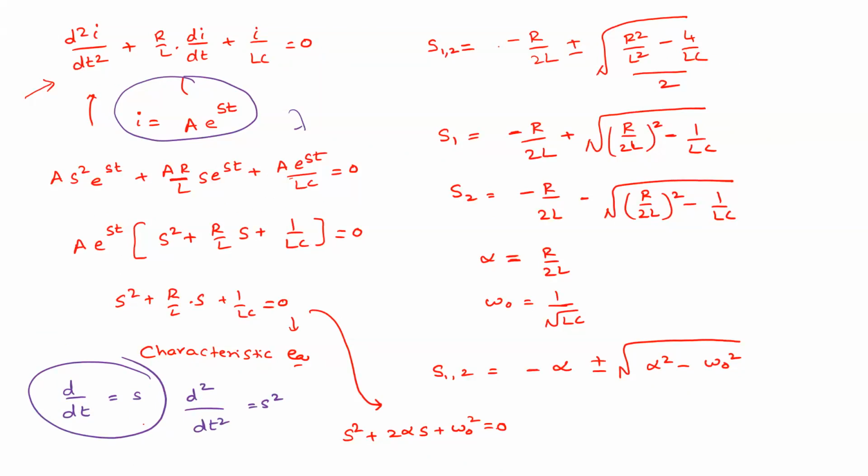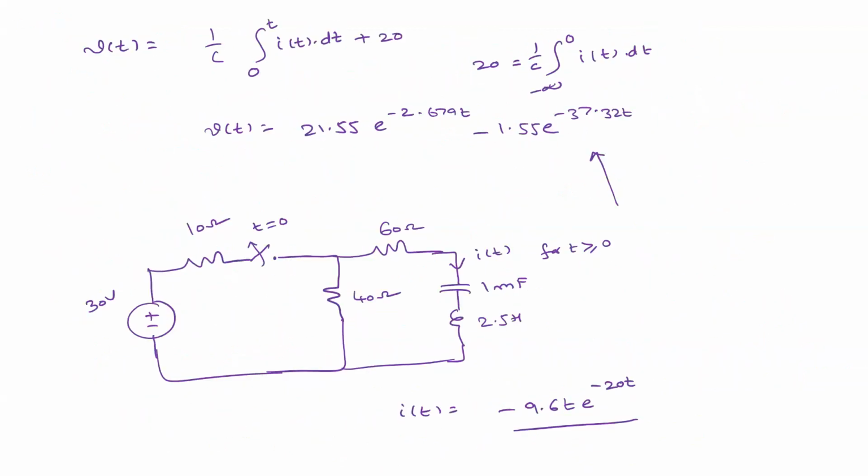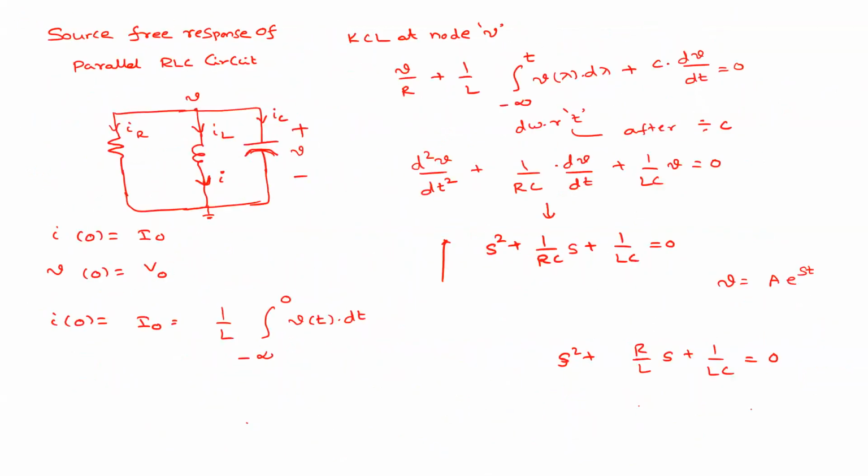Similarly d cube by dt cube we assume as s cube, to write out the characteristic equation directly, straightforward. Understood? So no need to do that exercise. Simply replace d by dt with s, and d square by dt square with s square.